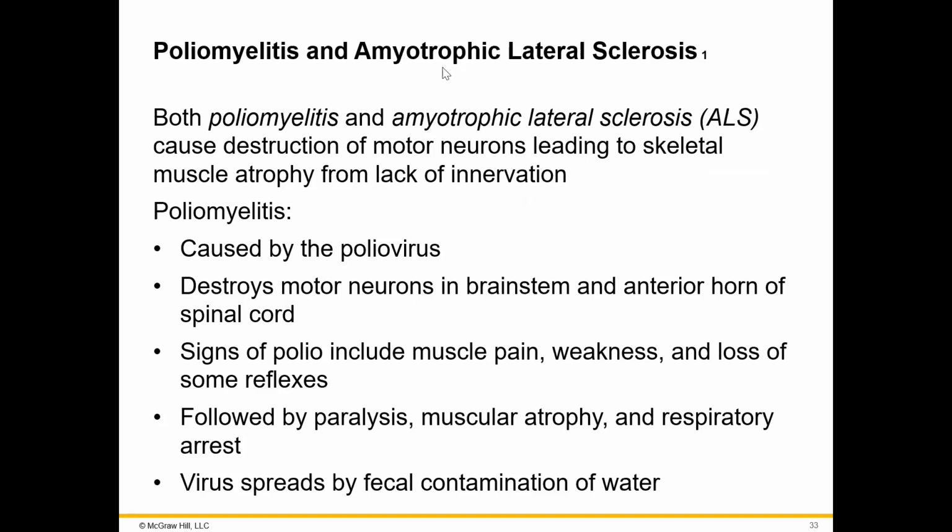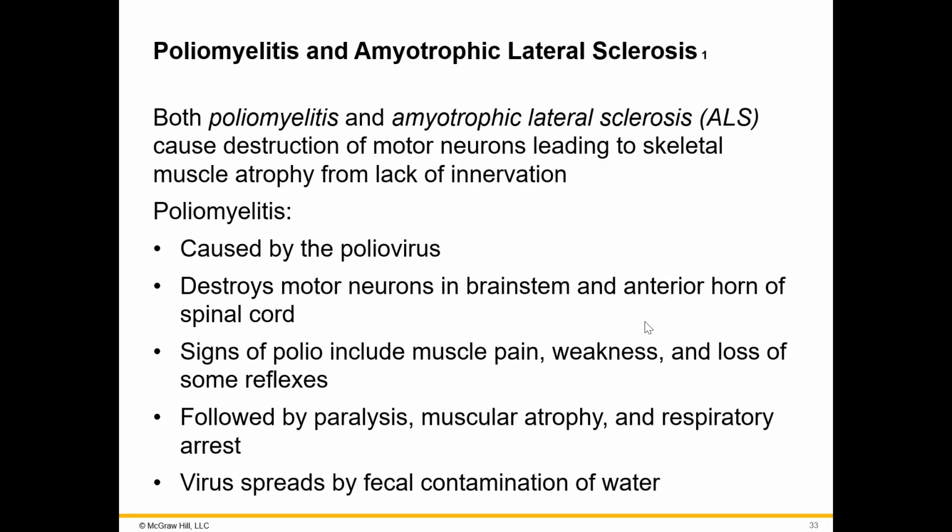Poliomyelitis and amyotrophic lateral sclerosis. Poliomyelitis, itis means inflammation. Polio is the poliovirus, which causes inflammation of the nerves.